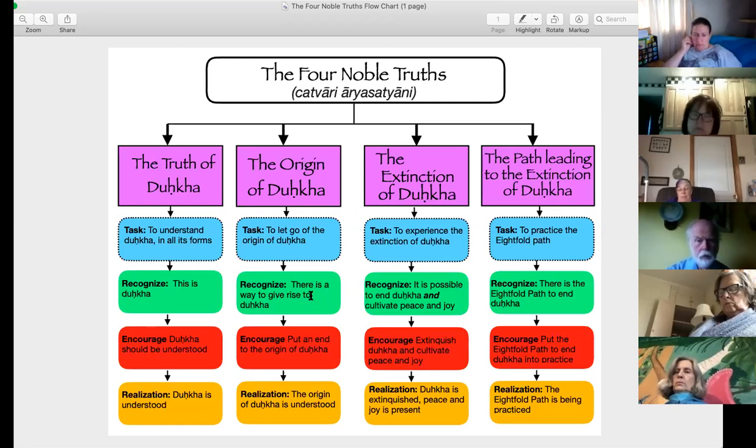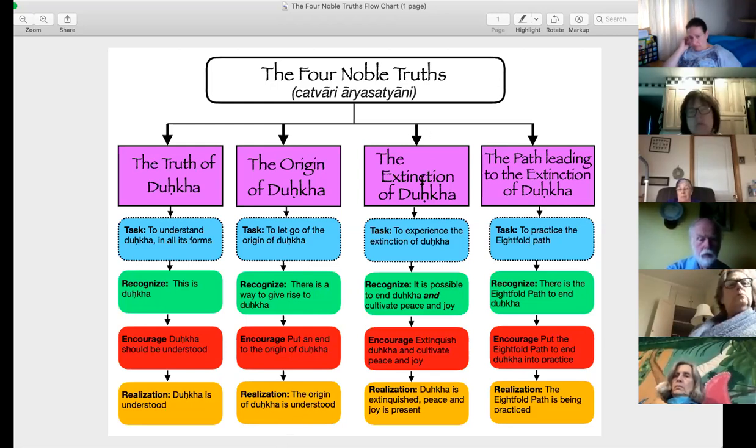We may not know what that is just yet. So our job is to recognize that we do things to make dukkha arise. And then we need to keep encouraging ourselves to put an end to the things, the origin of dukkha, the things that make dukkha arise. And then, if we're lucky, the last turning is that we understand the origin of dukkha.